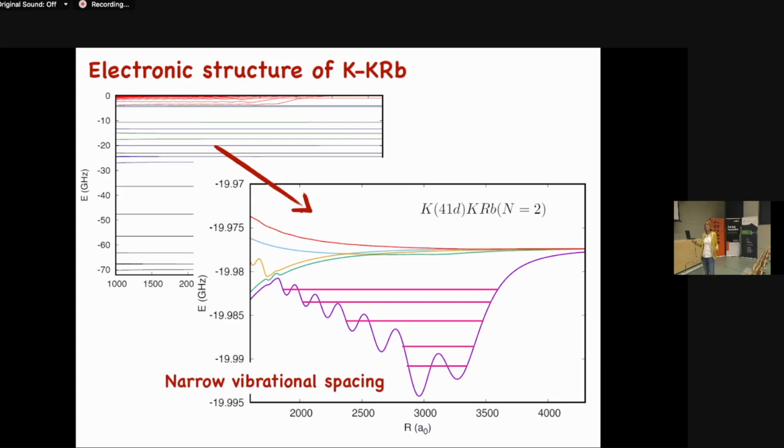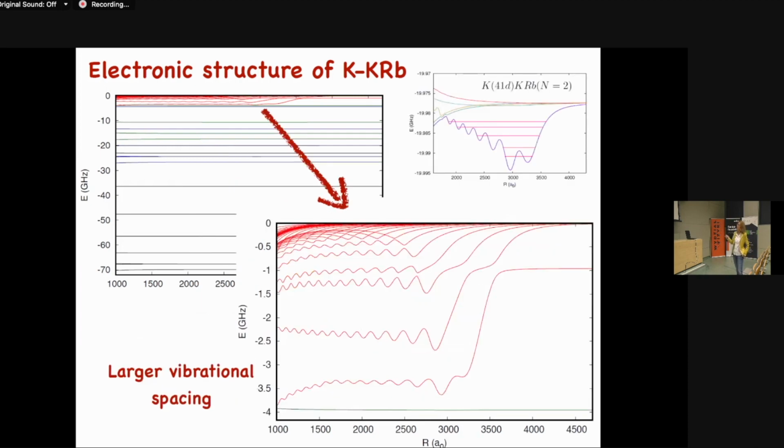This is where the molecule will exist. It's narrow, but they can still be seen. Since this state is very isolated, this Rydberg molecule will have a small dipole moment, because there is not a strong mixing of this 41D with other electronic states of the Rydberg atom.